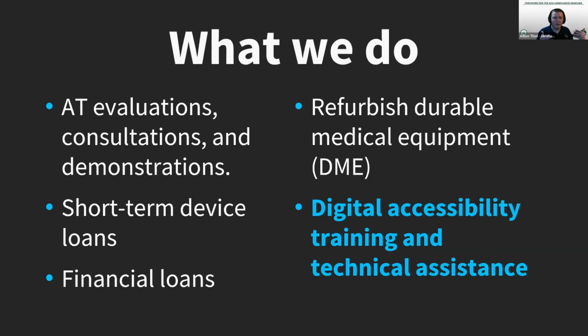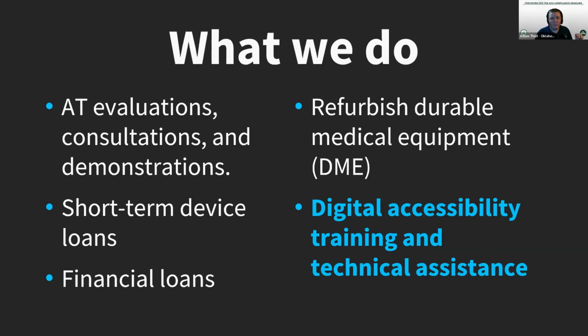We will help them figure out what devices are available, which ones work for them, which ones don't. If they find a device that they like, we can loan them that device so that they can take it home for a couple weeks, try it out in a real world situation, and see if it's actually going to work for them.